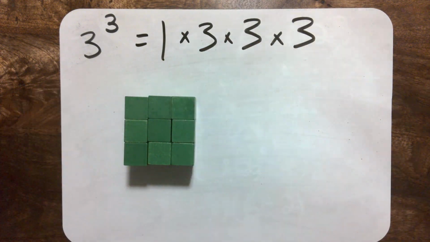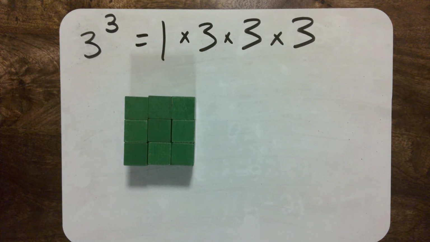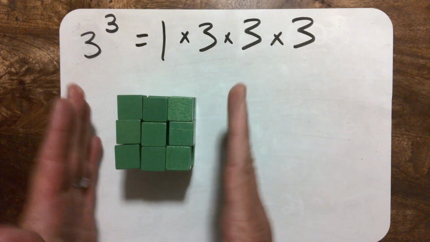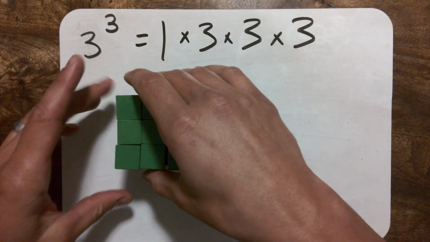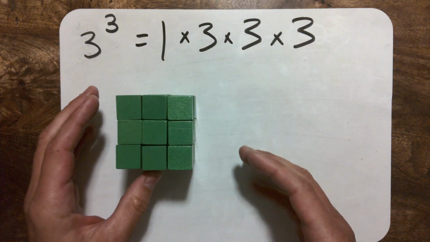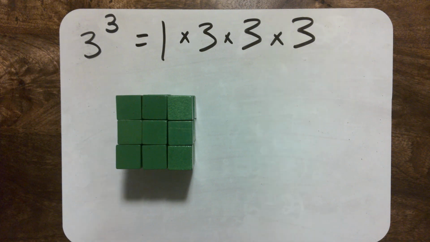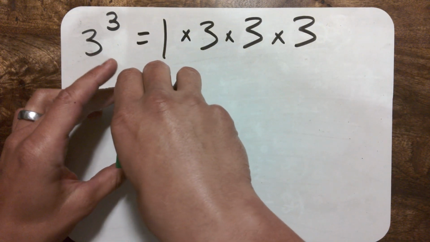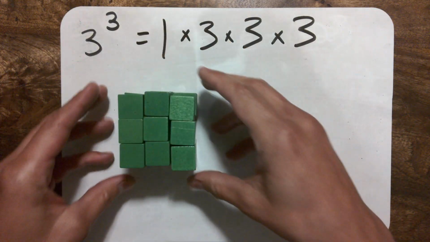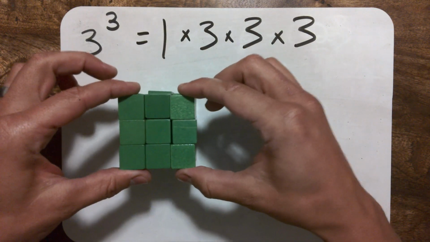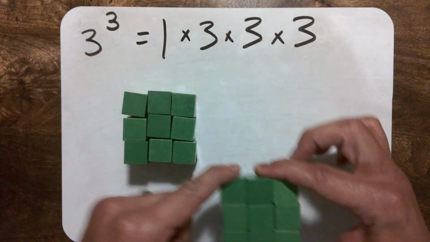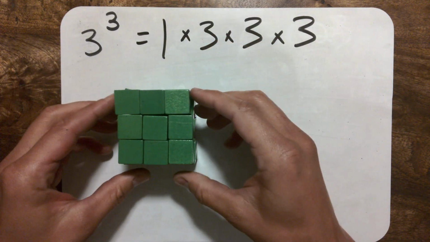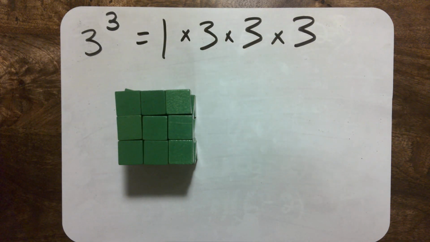If we're thinking of this from a geometry perspective, this is that volume model that isn't used a whole lot. I'm not going to be able to turn it, but we have 3 layers of 9. So we have a total of 27 cubes in here.